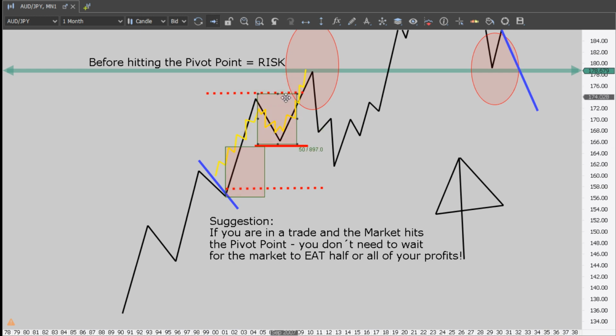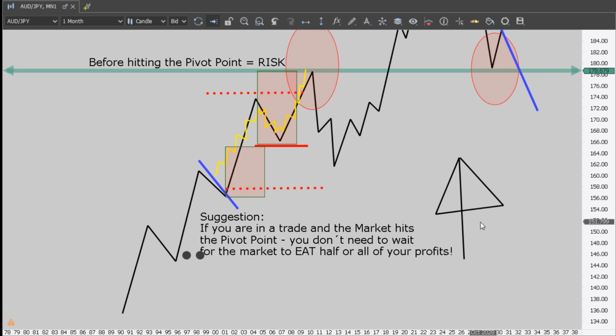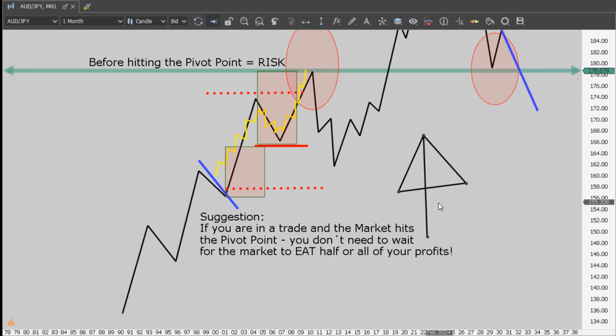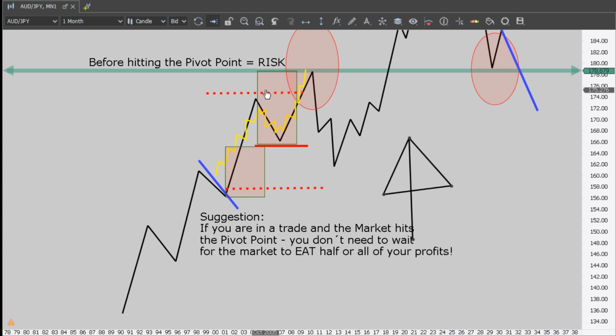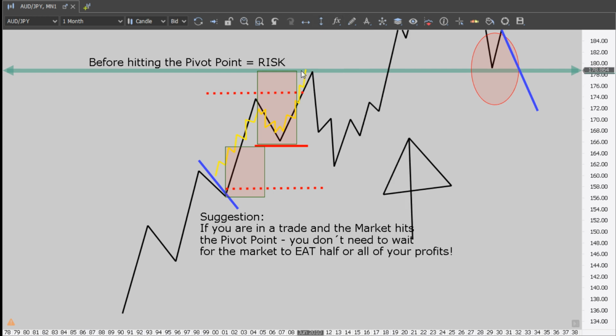Another option that you have is to close your trade. And of course, we learned about this. This lesson today is an upgrade. You need to be careful with your risk-reward ratio. But if you are going to wait, everybody, for the market to hit your stop, the market is going to eat half of your profits.